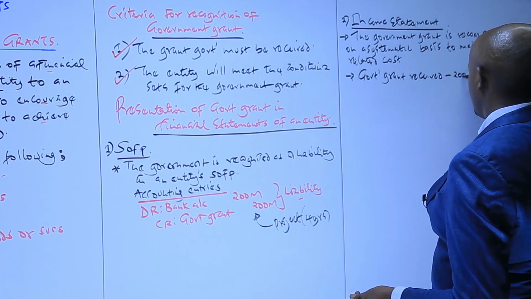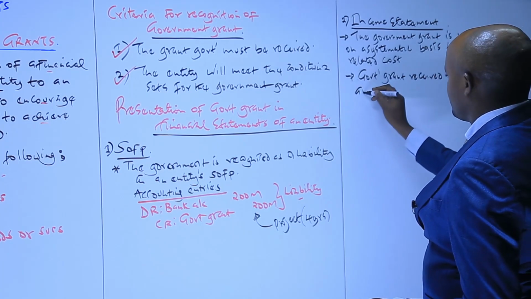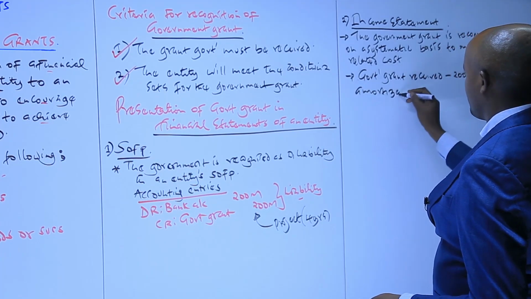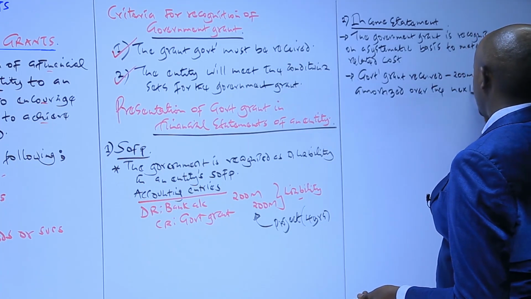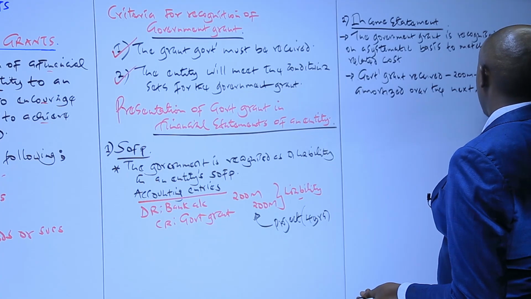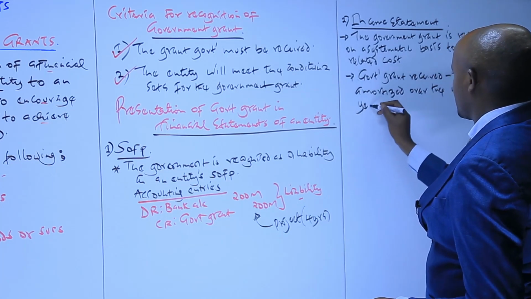over 200 million, will be amortized over the next 4 years.